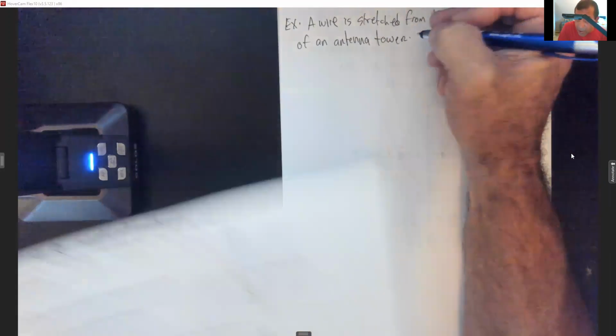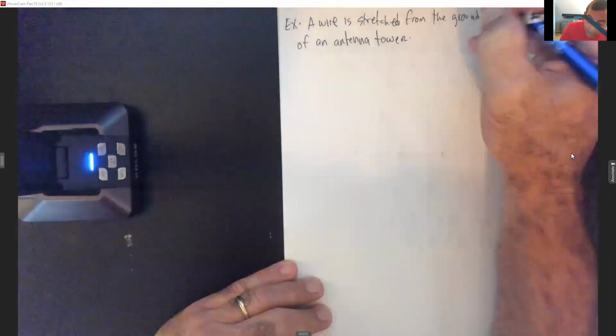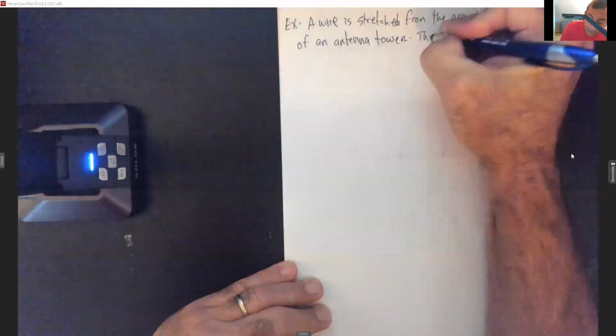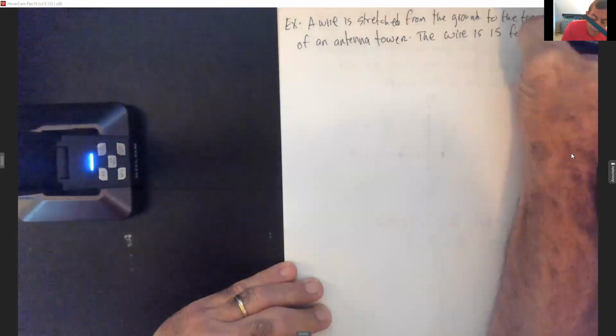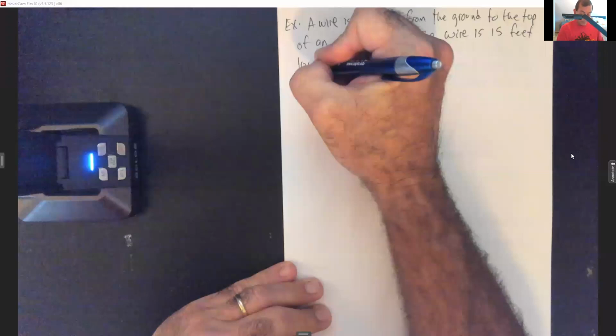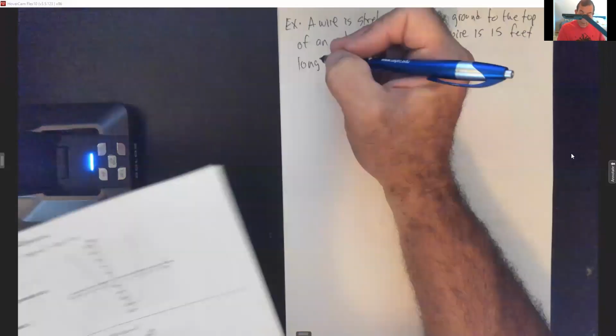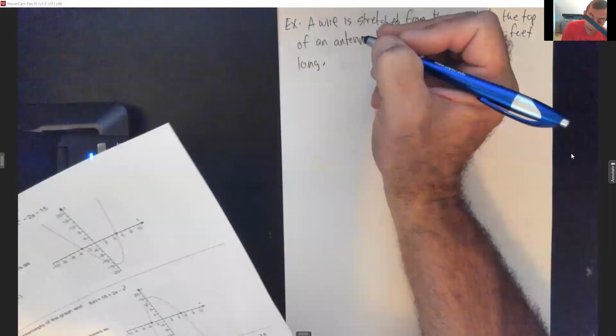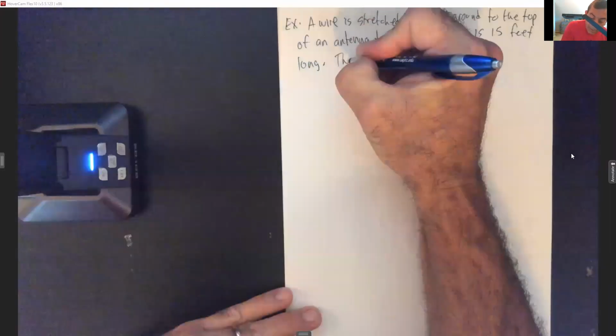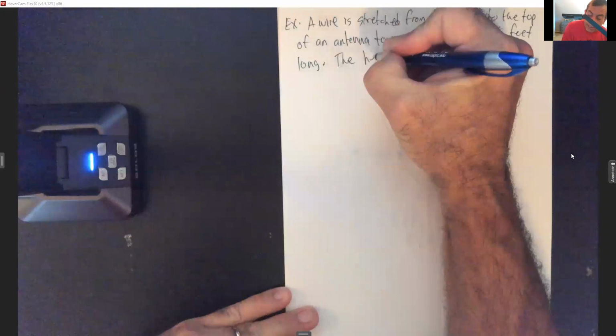It says the wire is 15 feet long. Now, they're telling me the height of the tower. So this is that antenna tower.